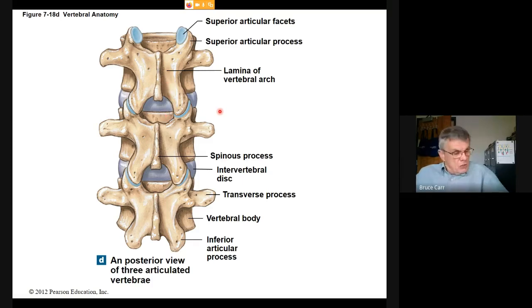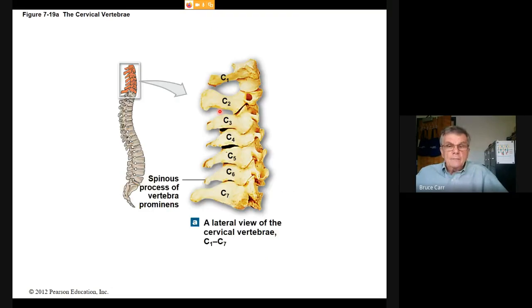Now this continues up and down the spine. You see a reduction of the size of the vertebra as you go from top to bottom. The cervical vertebra form the neck, and they are numbered from 1 to 7. The cervical vertebra are distinguished by one anatomical feature.